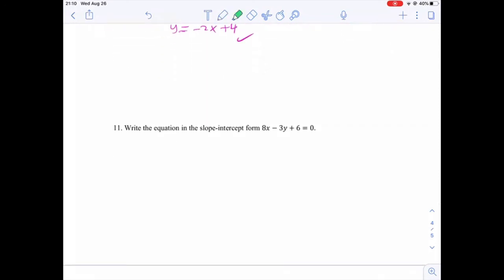What about this problem? We want to write this equation in the slope-intercept form. That means we need to isolate y. So we subtract 8x from both sides to get -3y plus 6 equals -8x, and then we subtract 6 because we usually get rid of the number that's added or subtracted first, and then the number that's multiplied by the variable or divided.